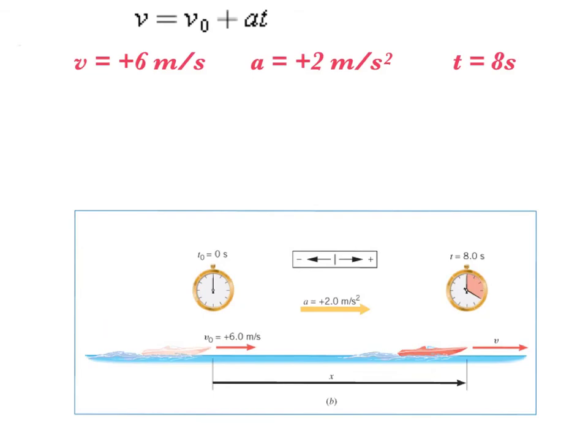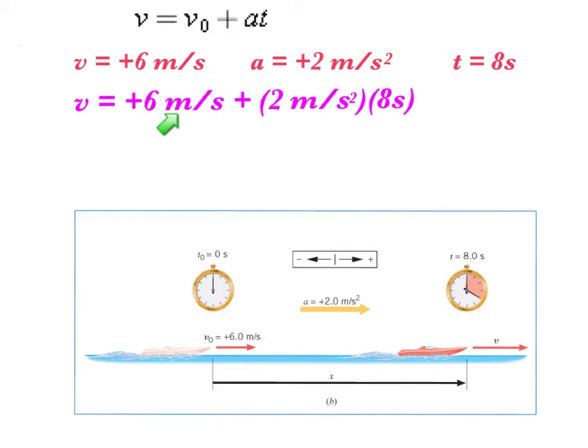Let's take a look at an example. If our initial velocity is 6 meters per second, our acceleration is 2 meters per second squared, and our time is 8 seconds, we simply plug those values into our equation for final velocity with initial velocity, acceleration, and time. This gives us the equation that our final velocity is equal to 6 meters per second plus 2 meters per second squared times 8 seconds.